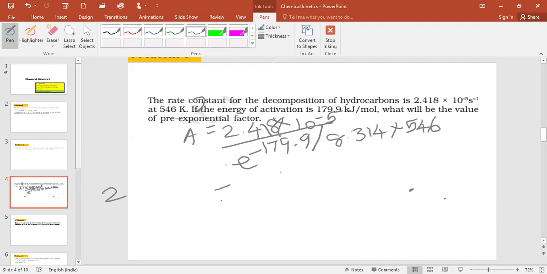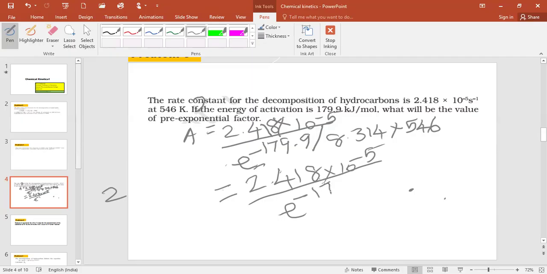Upon simplification, I can get 2.418 into 10 to the power minus 5 divided by e power minus 179.9 divided by 4,539.42.